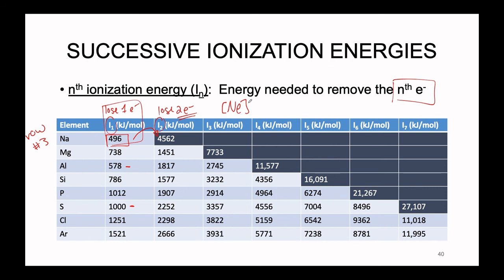If we want to lose another electron, here's my pickaxe, we're going to have to crack into this noble gas core, which is going to cause sodium 2+ to lose the neon configuration and become unstable. Right? We have lost that which we were striving for. We wanted a noble gas configuration, and now we've lost it.